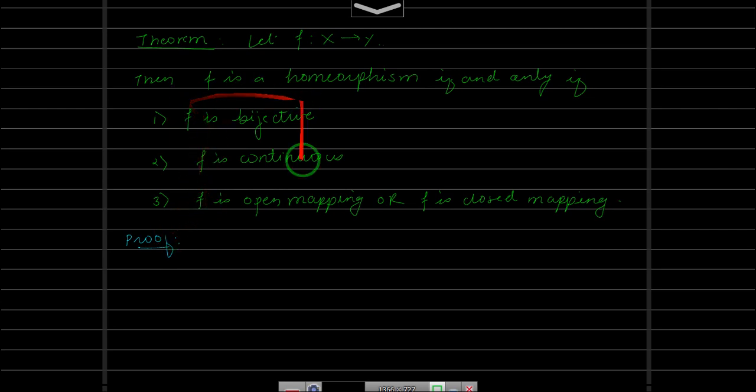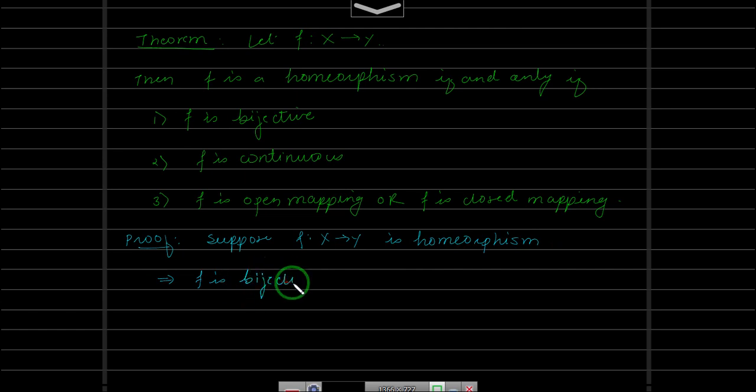Now suppose first that f, a function from X to Y, is a homeomorphism. Since this is a homeomorphism, this implies f is bijective.